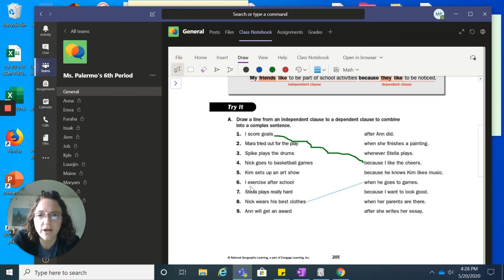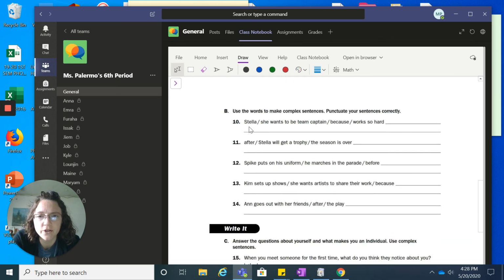So now let's move on to the next part. For numbers 10 through 14, you take all these pieces, these phrases, and you put them in the right order, and you're going to type the correct sentence here. So I'm just going to click my text box. Stella, she wants to be team captain because work so hard.